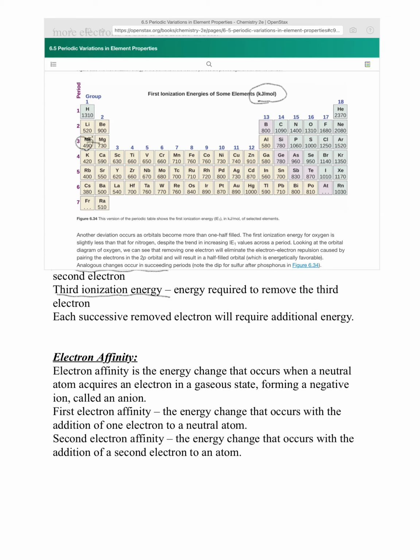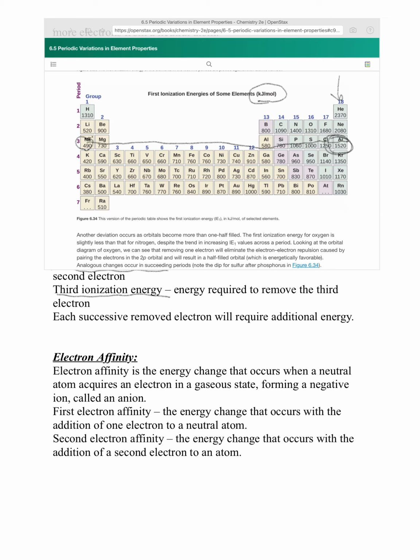If we go across, you can see how it is actually a lot greater, especially if you look at the noble gases in group 18. Their first ionization energy is a lot greater. So it holds on to those valence electrons with a lot more force. So it takes more energy to break those away.